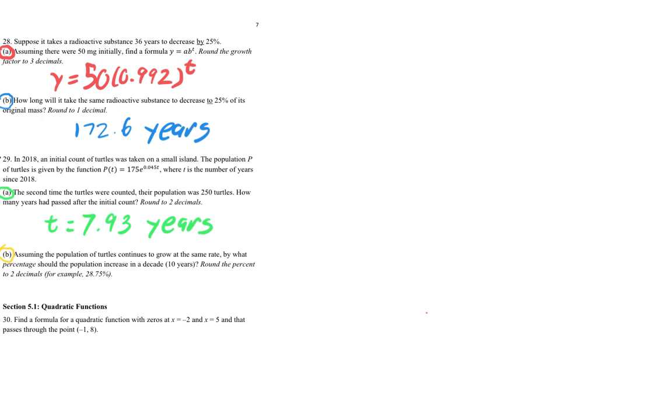Okay, now looking at part B, assuming the population of turtles continues to grow at the same rate, by what percentage should the population increase in a decade of 10 years? In a decade, 10 years. So what we can do is just look at our e to the 0.045 t. It's going to be our change. And we can do e to the 0.045 times 10.